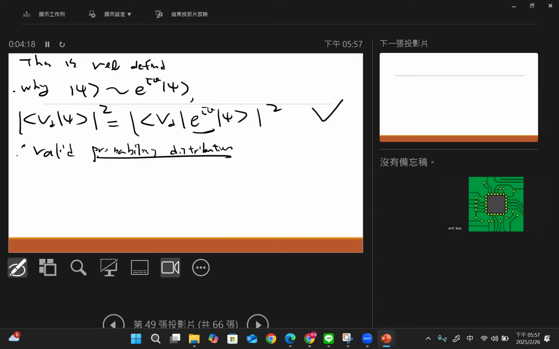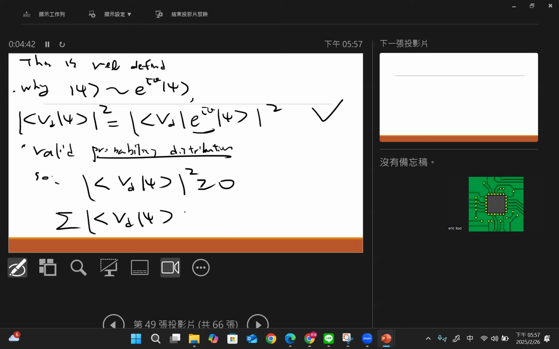For example, you throw a die, and whether you get 1 to 6, each one has probability 1 divided by 6, so they are all greater or equal to 0 and sum to 1. Obviously each of these is greater or equal to 0, and they also sum to 1, d from 1 to n.